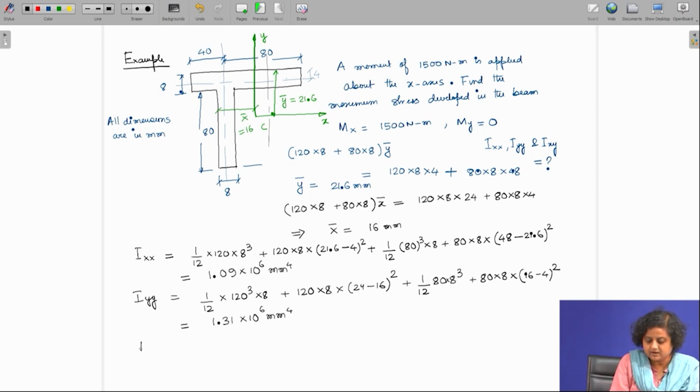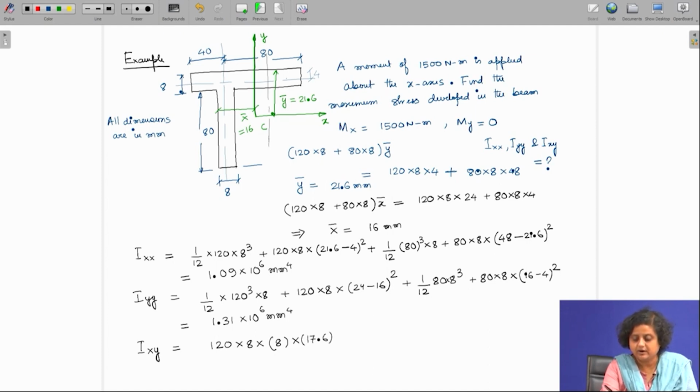Now let us find out the product moment of inertia, which is Ixy, which can be found out as, for the top portion, 120 into 8 into, we have to find out the distance from the axis, which is 8 and which is 17.6.